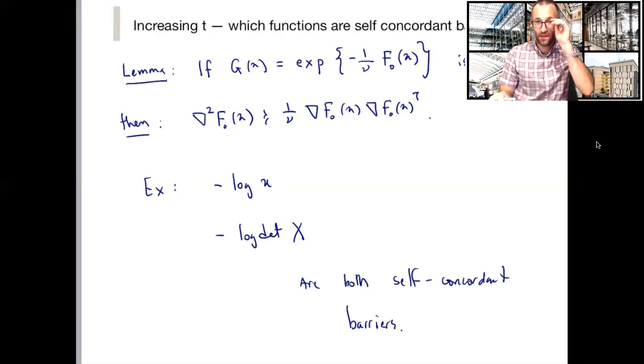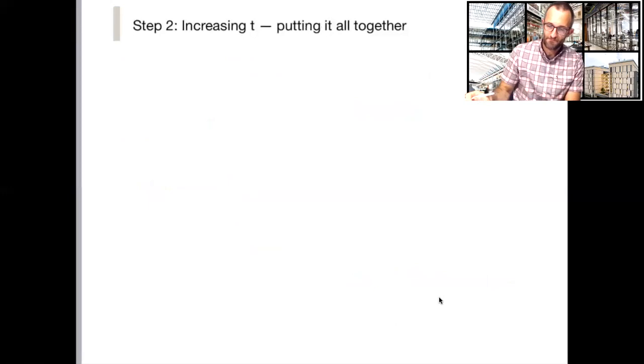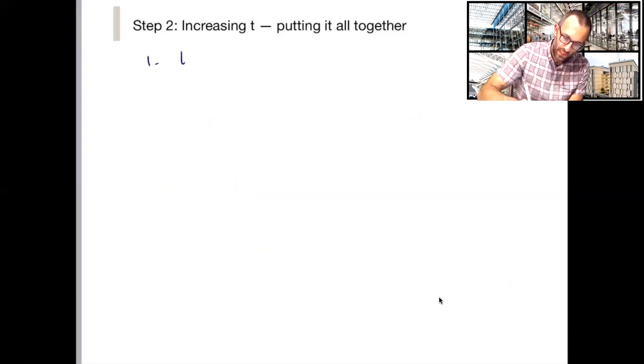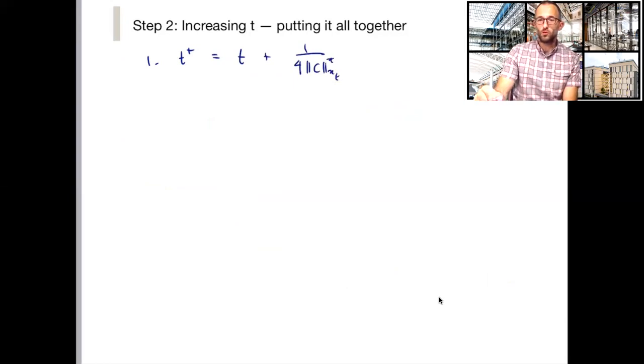So let's put this all together and see what we have. What did we have? t plus. We said that we could take this as large as t plus 1 over 4 times the dual local norm.